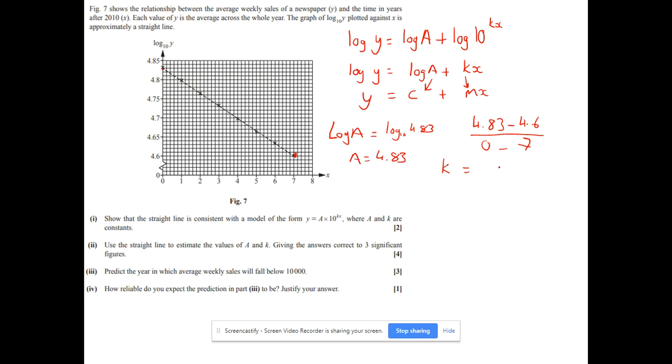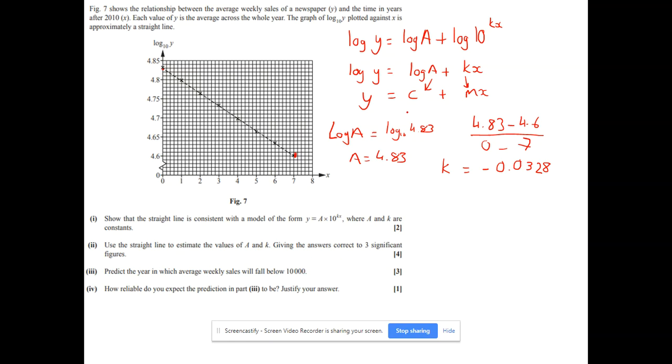Our k value, if you put that in your calculator, is negative 0.0328, and just be aware that it does say 3 significant figures, so 1, 2, 3, so that's why I put it to the 3 there.